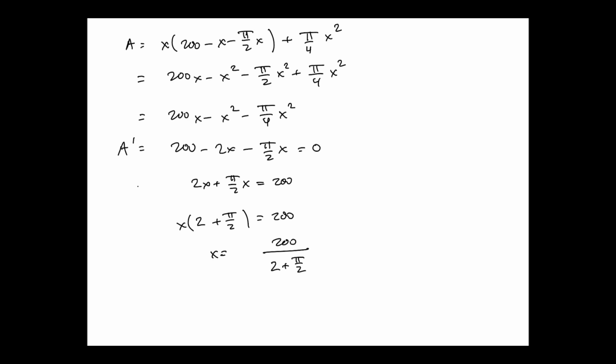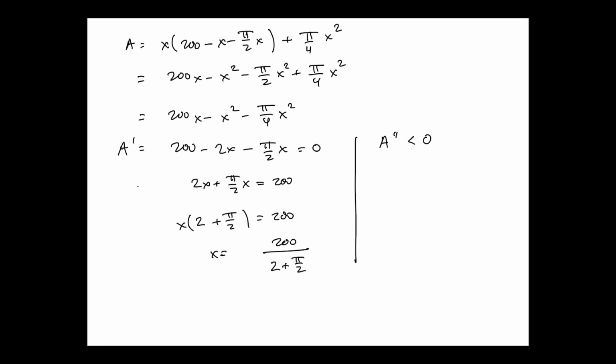Now how do we know that we've achieved a maximum? With the previous case, we knew this because we'd actually stumbled on an endpoint solution. But in this case, how do I know that this is going to maximize my area? What's true about the second derivative?